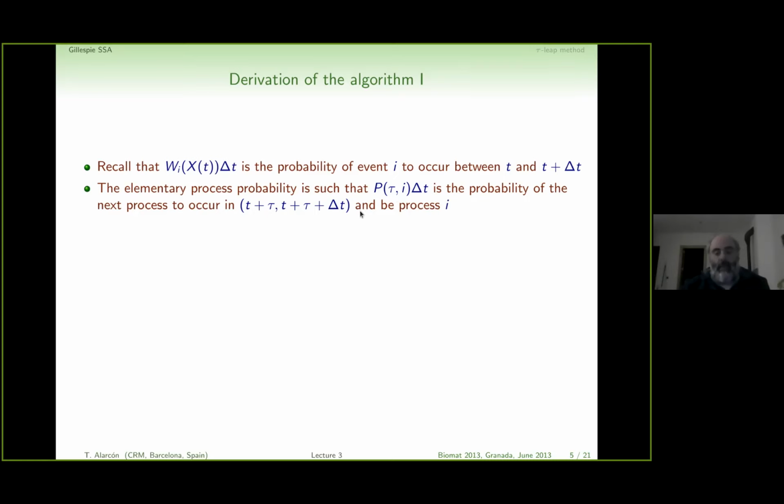We want to know the probability that the next event occurs after a time tau has elapsed. This is very much related to the waiting time probability: what is the time that we need to wait for the system to undergo some sort of transition.